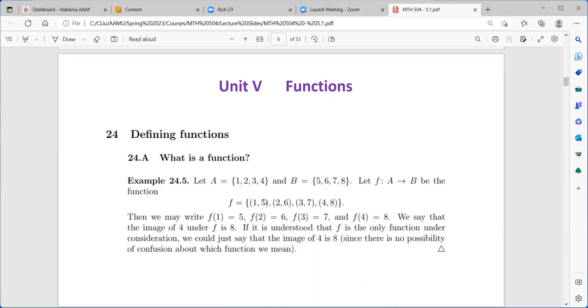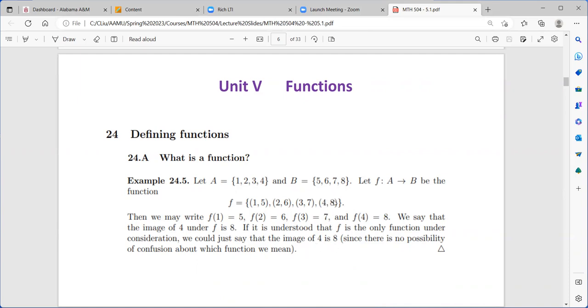But you can also write in other ways, okay? So the image of 4 under f is 8, right? So 8 is the image of 4 under f. And we can just say the image of 4 is 8.